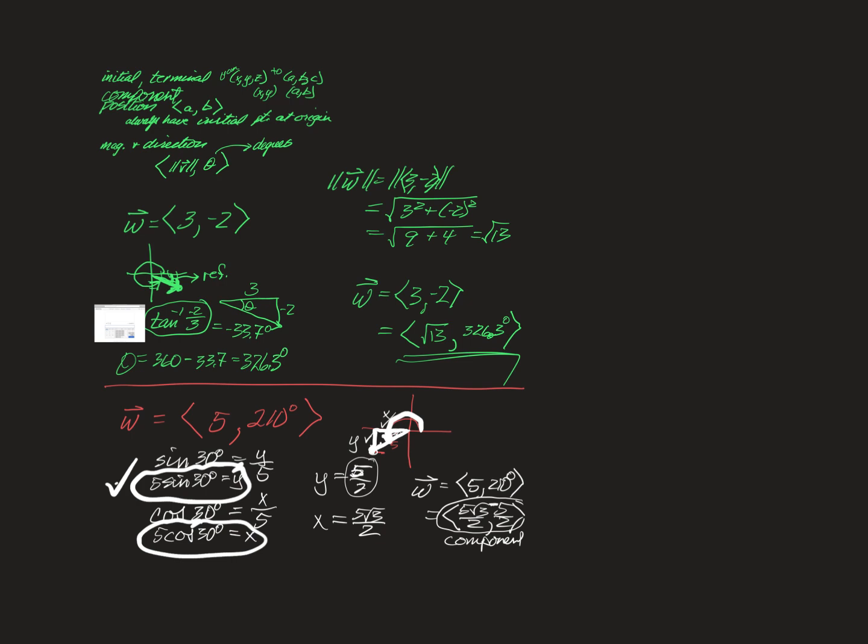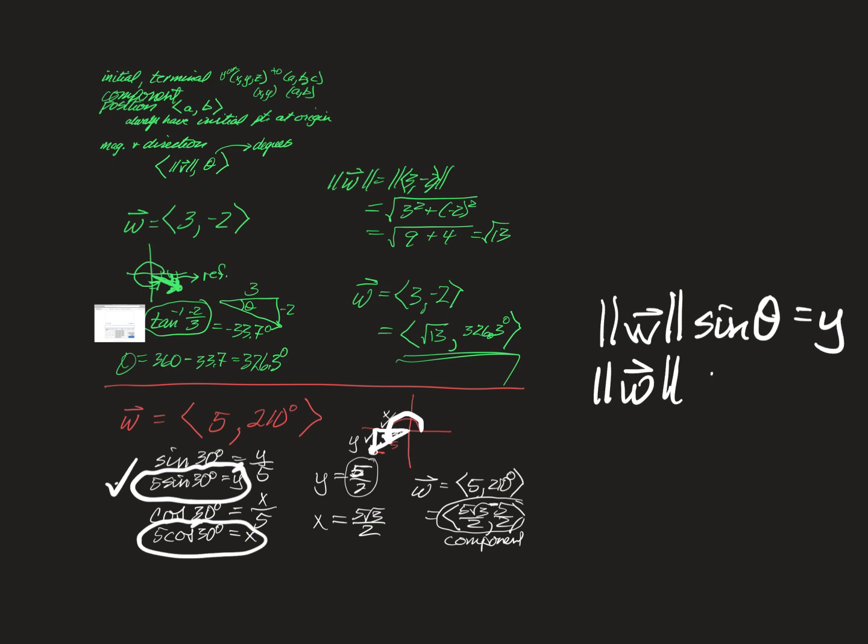So what we could have written is the magnitude of W times sine of the angle is equal to Y, and the magnitude of W times the cosine of the angle is equal to X. Now, I just want you to notice that this is actually the radius of a circle times sine theta.